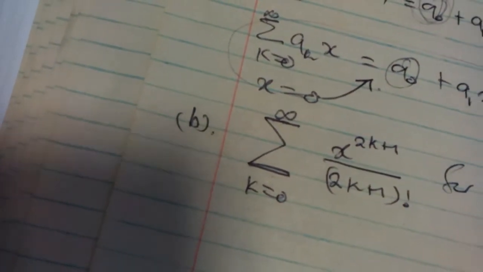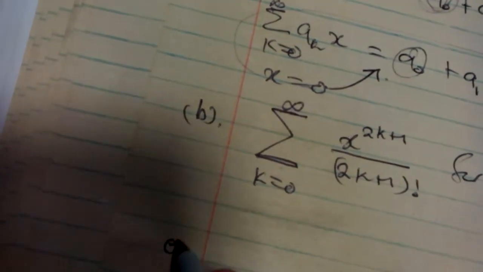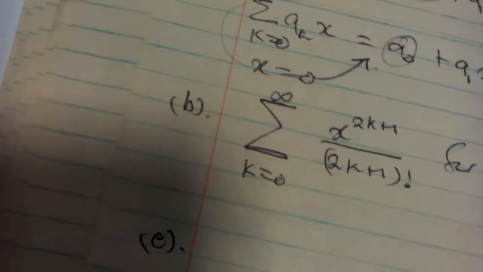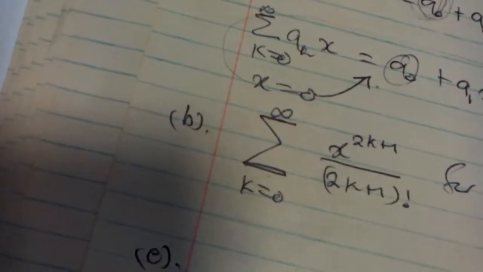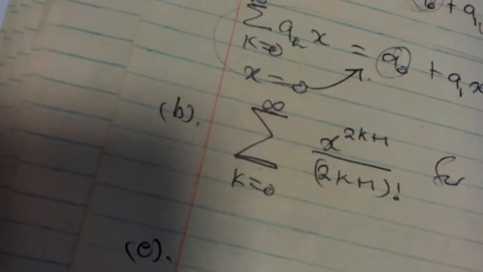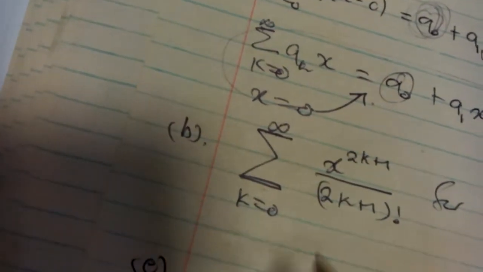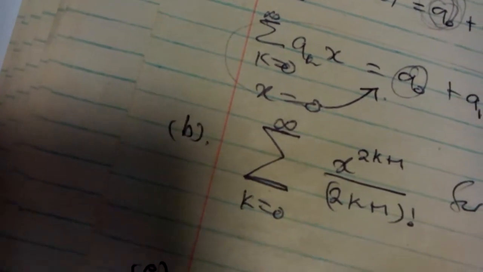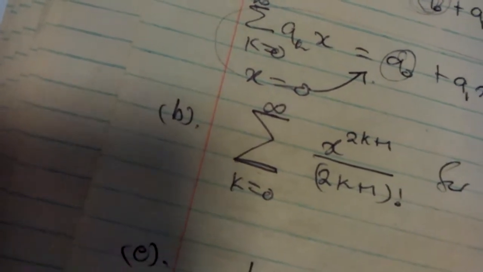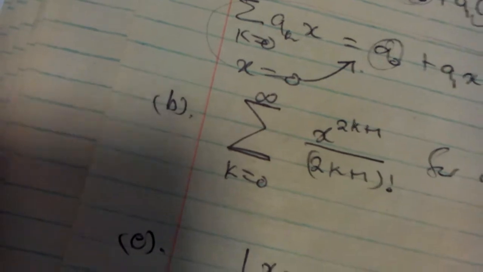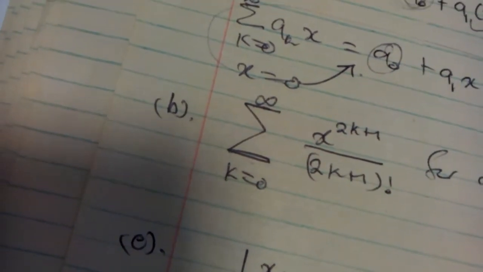Or the third possibility is that there may be a positive number r such that the series will converge if the absolute value of x minus c is less than r and diverges otherwise.